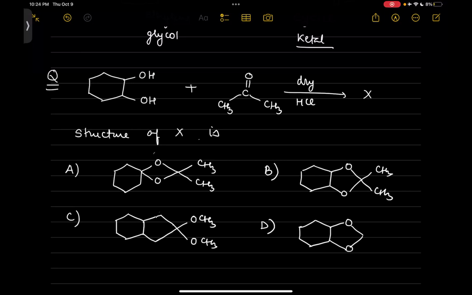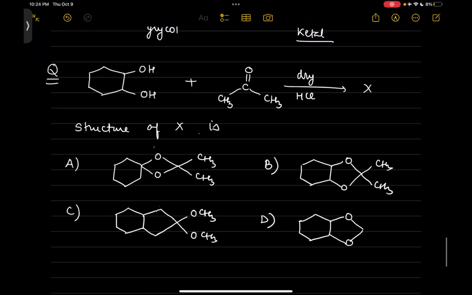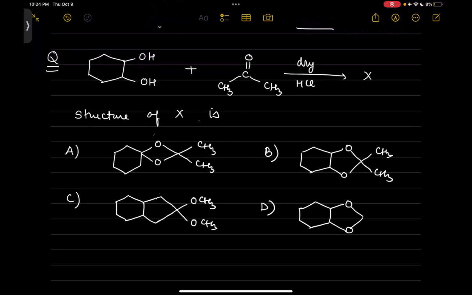Yeah, can you see the question? Marwa, can you see the question? Jaslin, can you see the question? Yes, sir. So tell me what you are going to do. Very important question. You need to draw the structure. Okay.